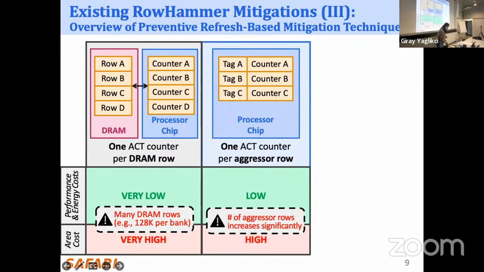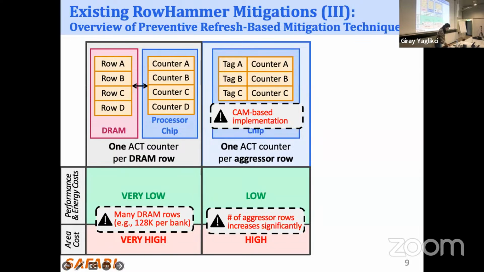This is because the number of aggressor rows increases significantly. When an attacker can induce RowHammer bit flips with fewer activations, they can hammer more DRAM rows, and we need to track more counters. And since we are using tags, these counters are usually implemented with content addressable memory, which is also expensive when you consider area.